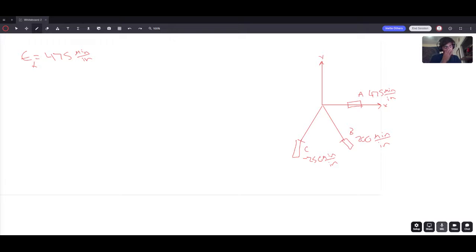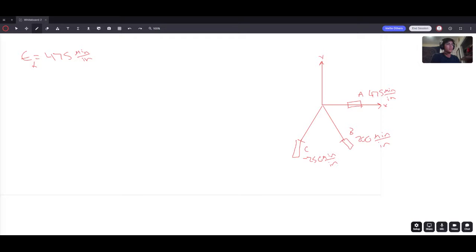And then we can use the equations that were given to us in the book and from the lecture that solve for the strains in the gauges B and C using the strains in X, Y and also gamma XY.